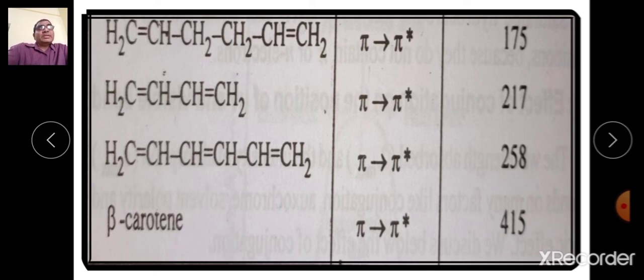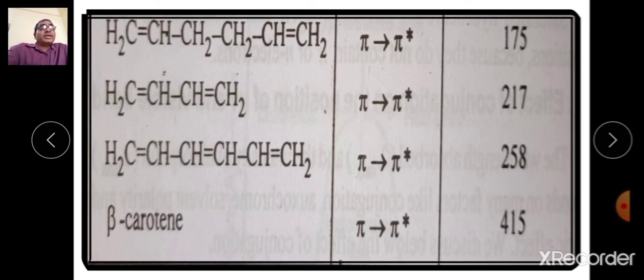If there is increased conjugation in the next case, double bond, single bond, double bond, single bond, double bond, which affects the wavelength absorption, the absorption is towards the longer side, at 258 nanometers.